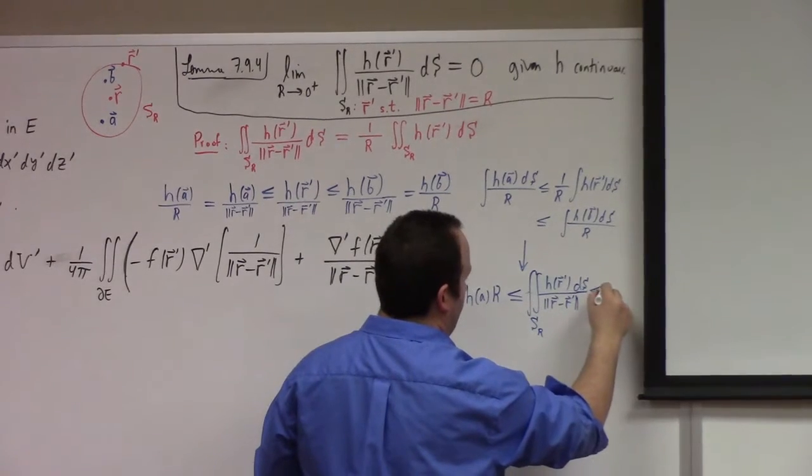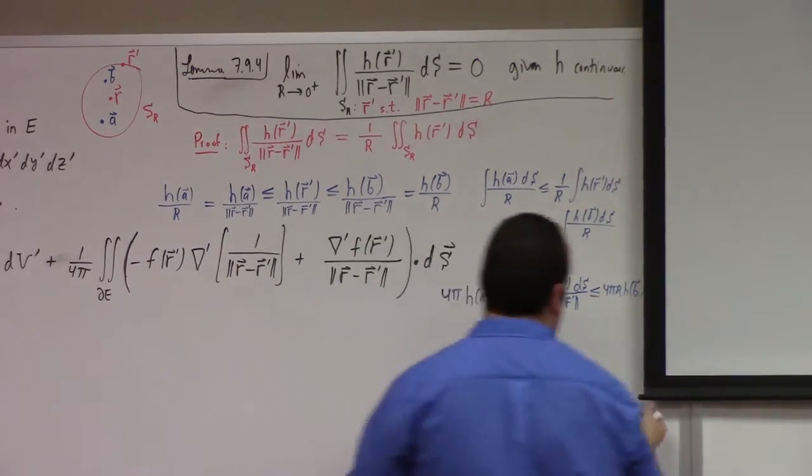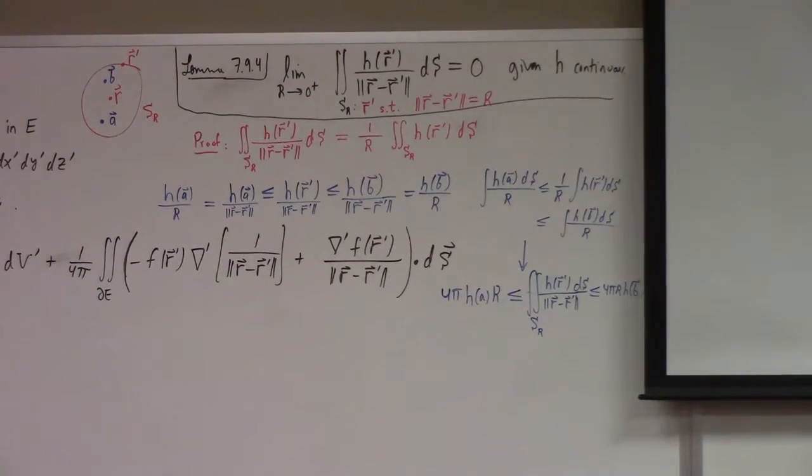And that's less than or equal to 4 pi r h of b. We good?